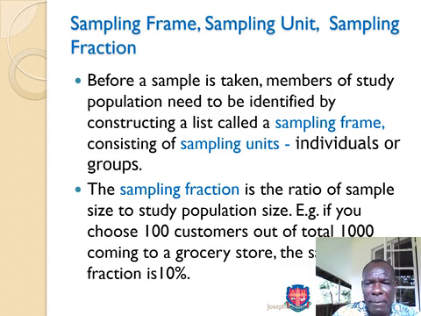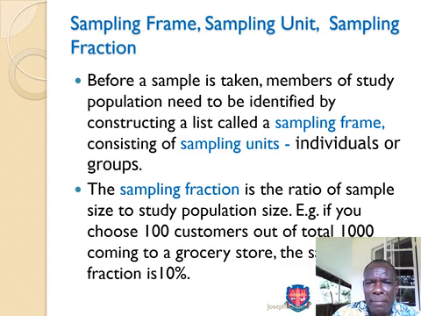Sampling frame, sampling unit, sampling fraction. What are these? Before a sample is taken, members of a study population need to be identified by constructing a list called a sampling frame.